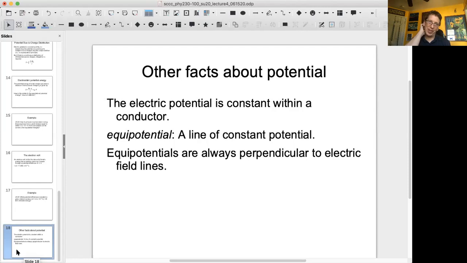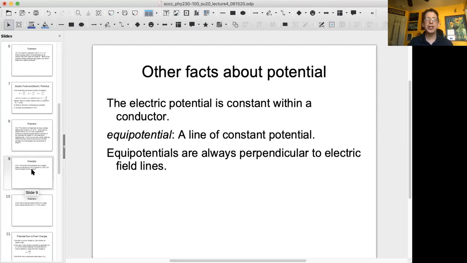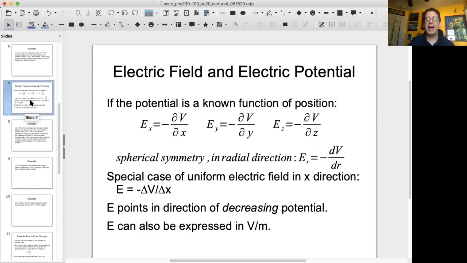The reason for that is that if the potential is constant along a line, going back to the equation up here, the derivative would be 0 along that line.